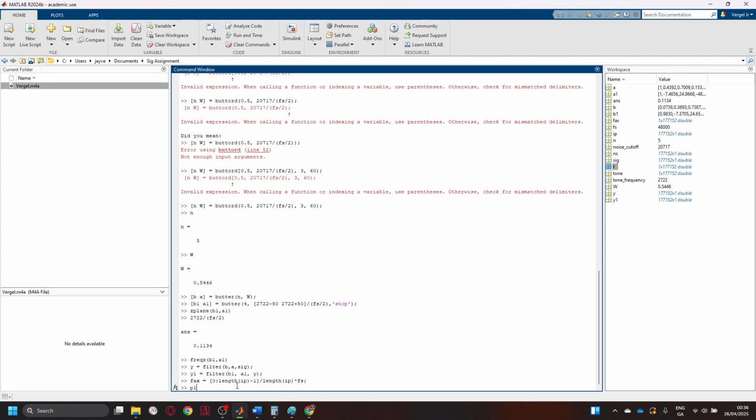And you just plot the abs of the FFT of y1.